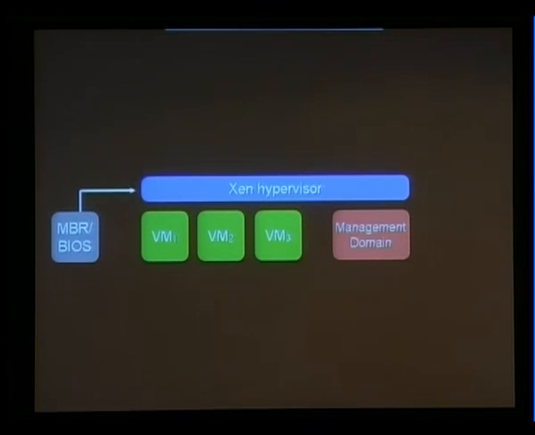For example, if we run a Xen hypervisor with some guests, let's say we have a shell on one of its guests, VM2. VM2 is not a privileged domain. Let's think that it is domain U, the user domain, which does not have enough privileges to override the original MBR.